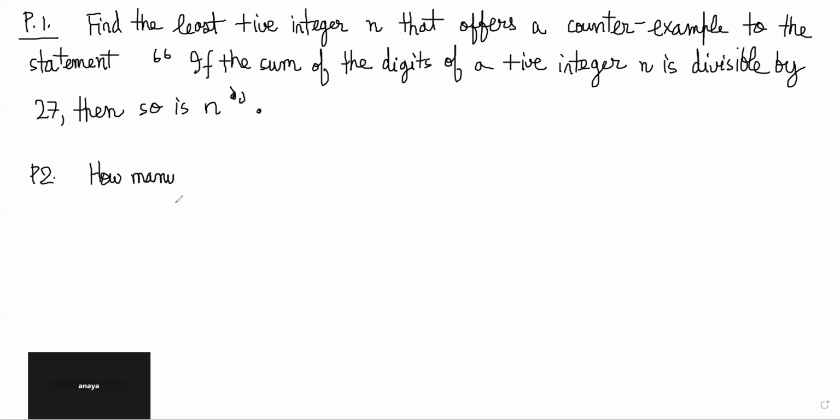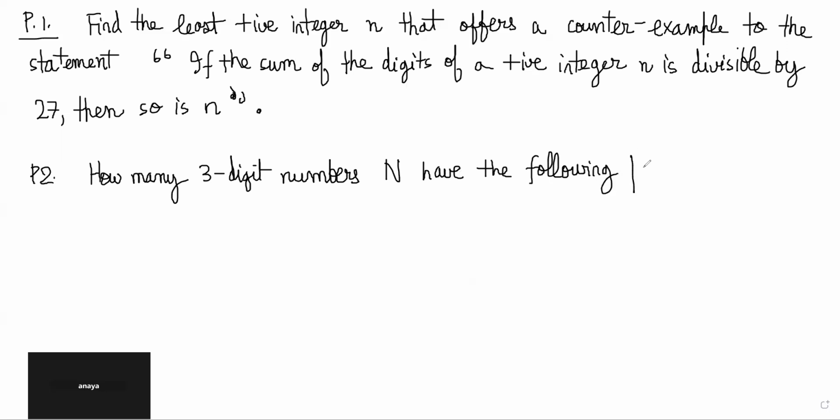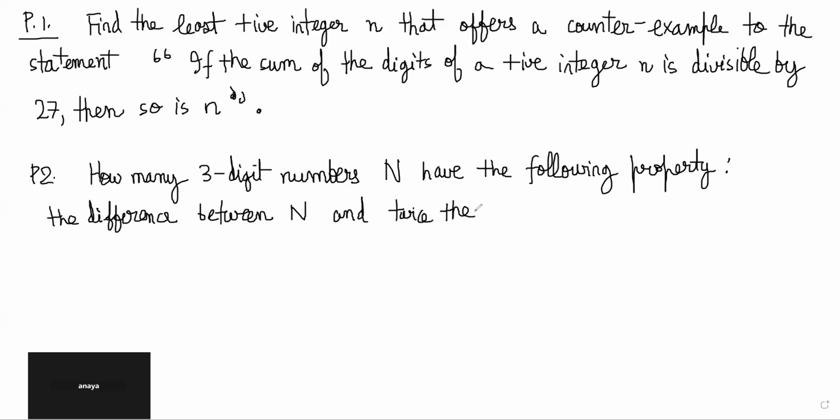How many three-digit numbers N have the following property: the difference between N and twice the sum of its digits is divisible by 7.